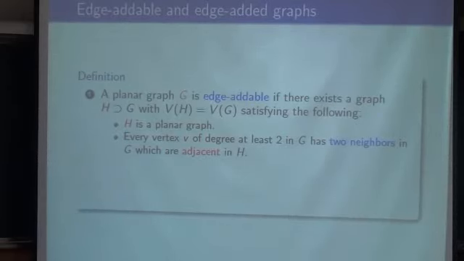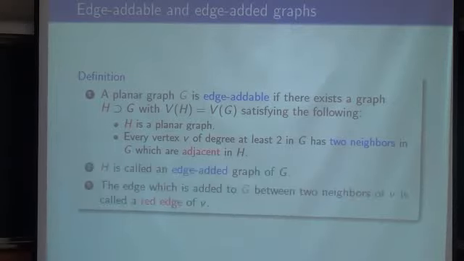A planar graph G is called edge-addable if there exists a supergraph H with the same vertex set satisfying the following. H is also a planar graph, and every vertex v of degree at least 2 in G has two neighbors in G which are adjacent in H.